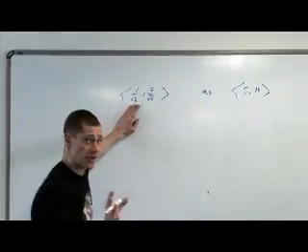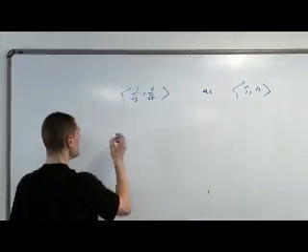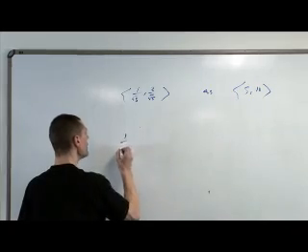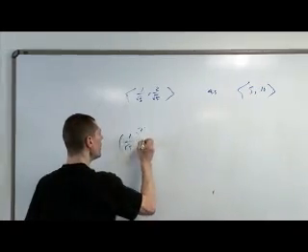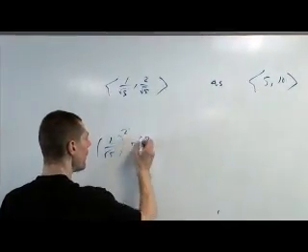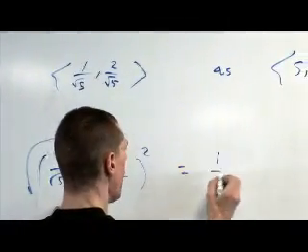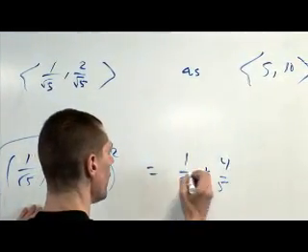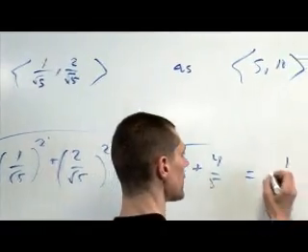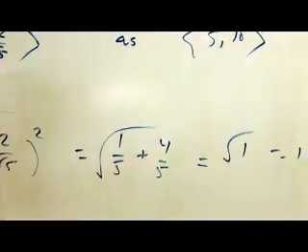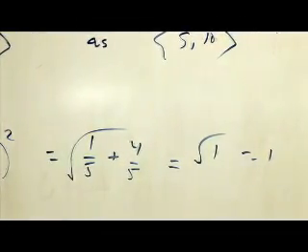Okay, so first let's check, is the norm 1? Well, this is going to be the square root of (1 over square root of 5) squared plus (2 over square root of 5) squared. That's from this one. This is 1 over 5 plus 4 over 5, square root. This is in fact the square root of 1. This is 1. So the norm is in fact 1.